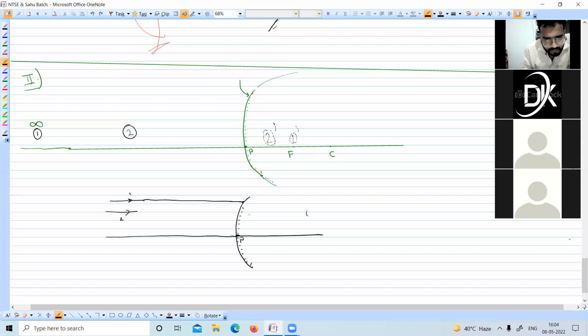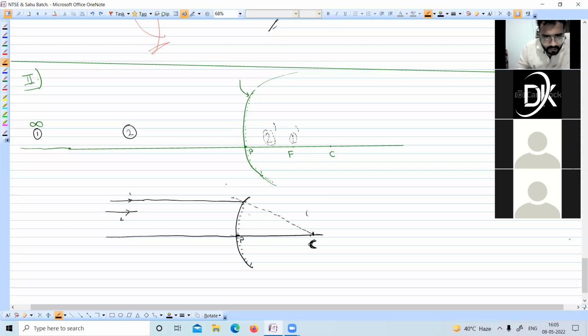this is the point of incidence, and at the point of incidence, what do we have to draw? We have to draw the normal. When we draw the normal, it always intersects at the center of curvature. We know this very well. Yes or no? So this is the center of curvature we have.